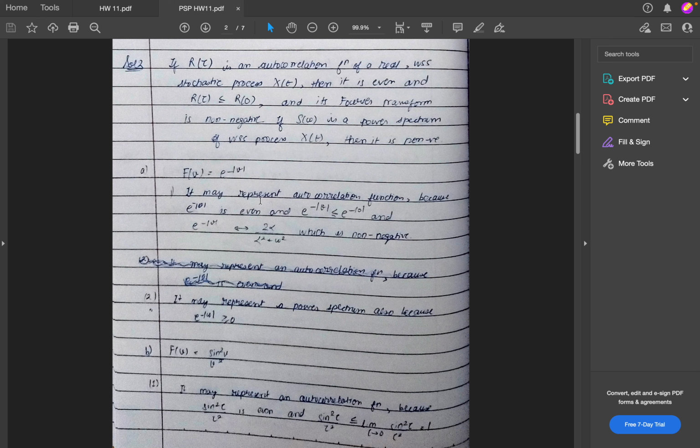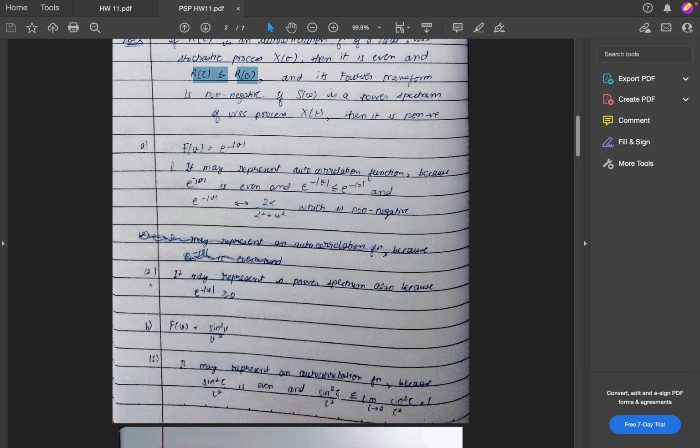Now let's check whether this satisfies this condition or not. We'll take sine square tau by tau square, and it should be less than or equal to the limit of sine square tau by tau square as tau tends to 0. So we know that this limit comes out to be 1. So basically this condition is satisfied.